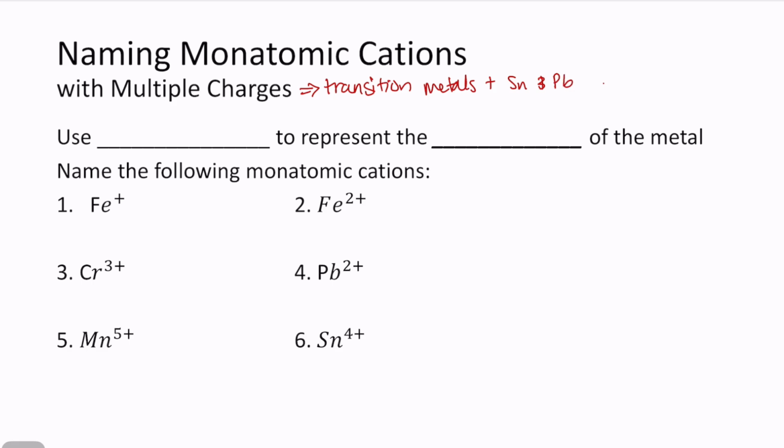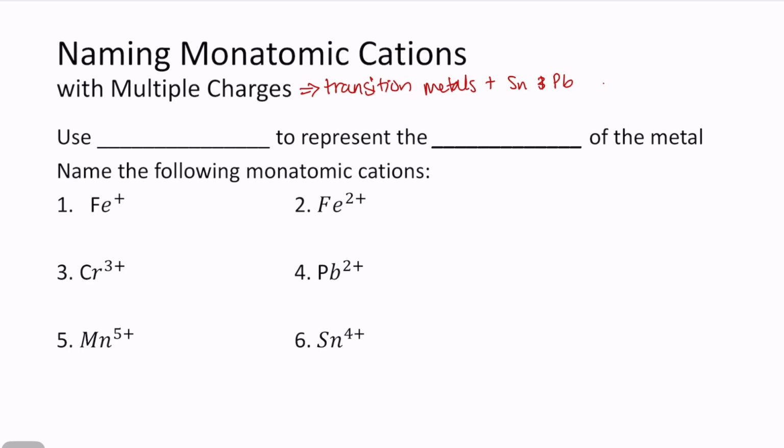So essentially, we can't look at the periodic table and determine the charges on the transition metals, and we can't look at the periodic table and determine the charges on tin and lead. And furthermore, they have multiple charges. So remember, transition metals don't include the zinc, cadmium, and silver for this example because those have fixed charges. We're only talking about transition metals with multiple charges.